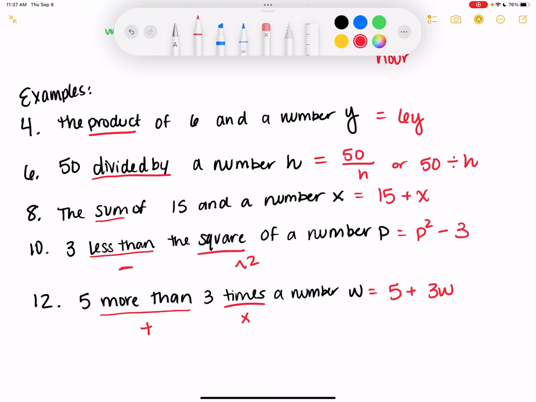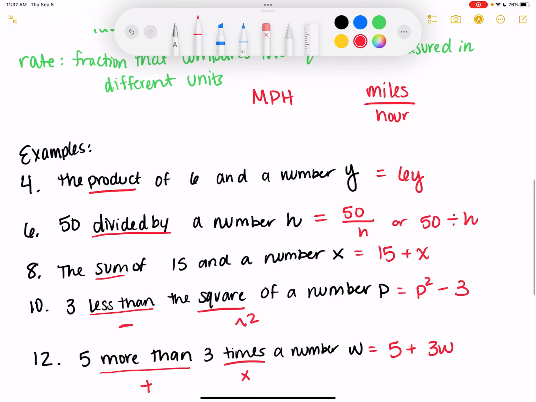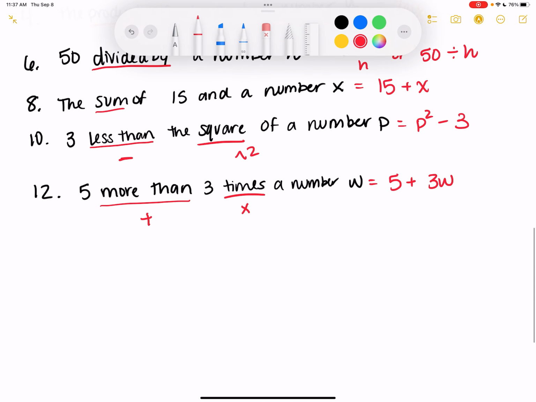All right, let's look at some of the writing an expression for the situation. So these are going to be these verbal model problems here. So number 16, I'm going to go ahead and write it out while we're doing these examples. But again, if you don't want to write out the whole thing when you go to do your homework, that's completely fine.